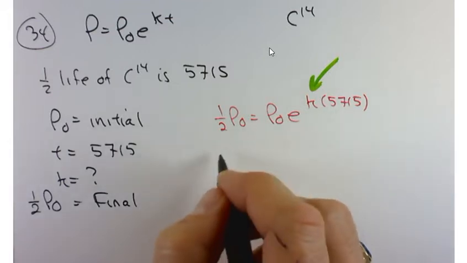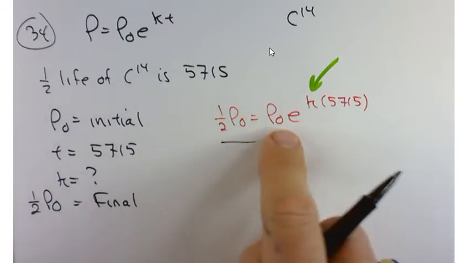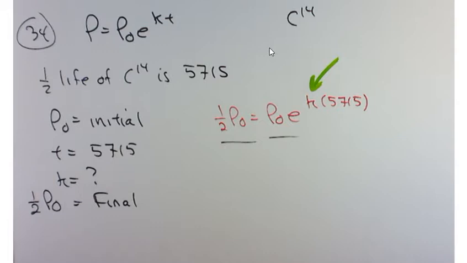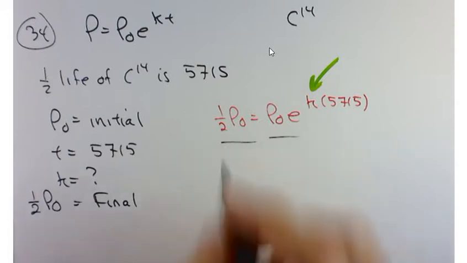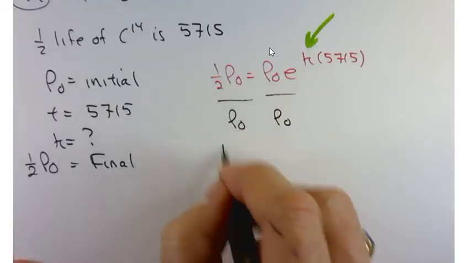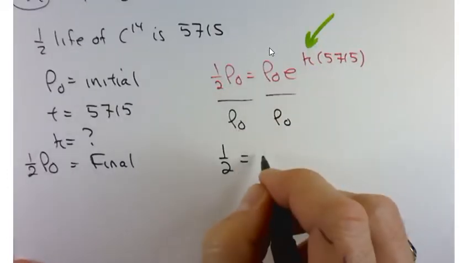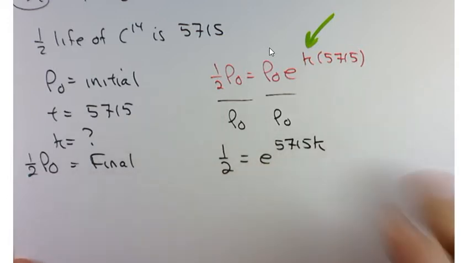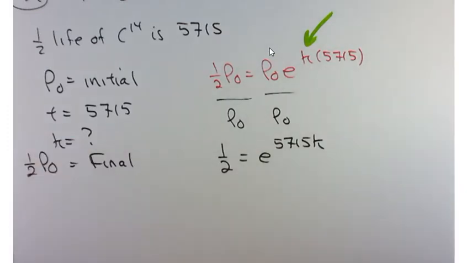The trick here is to divide out the P sub 0. It's the same on both sides, right? So if you divide out P sub 0, this problem is all of a sudden going to look a lot easier. You're going to be left with 1/2 equals e to the 5,715 times k. And I'm hoping that the rest of that is not too bad.